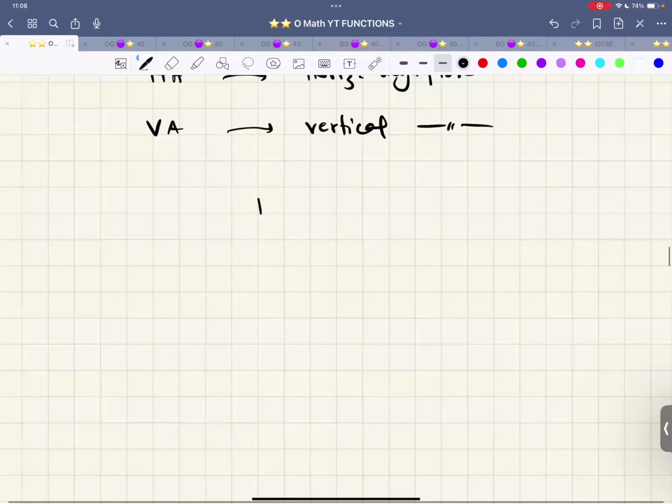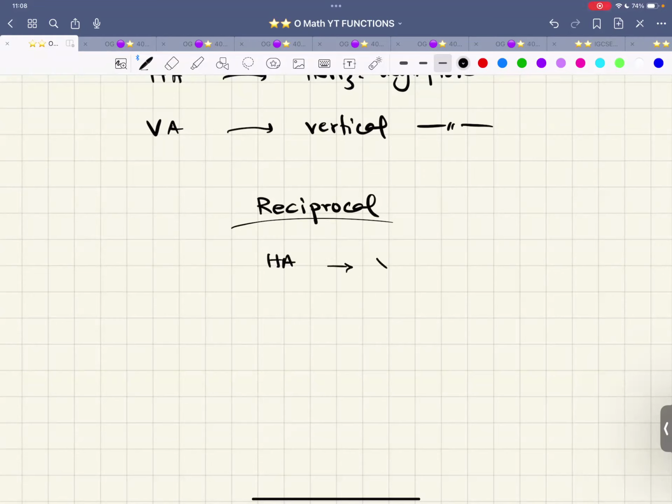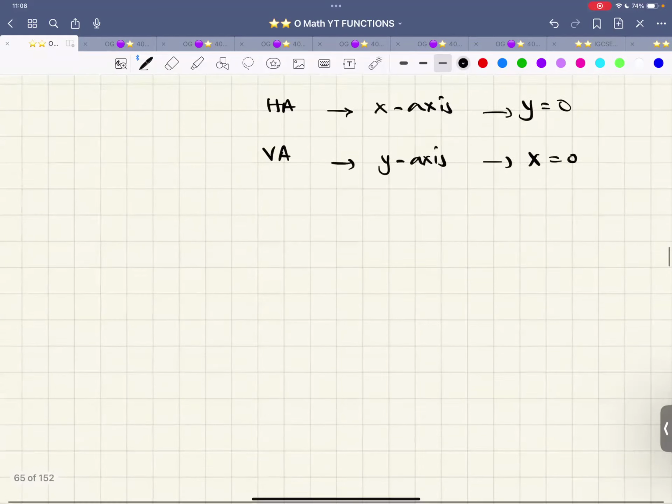So when we draw the graph of this reciprocal function, which is also known as the inverse proportionality function, there is a horizontal asymptote, which is the x-axis, which is y is equals to 0. And there is a vertical asymptote, which is the y-axis, which is x is equals to 0.